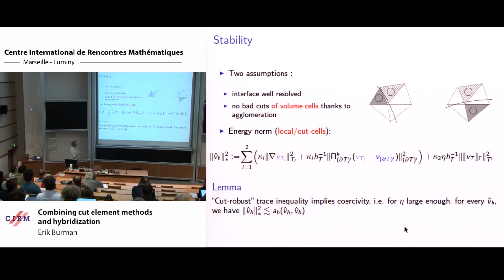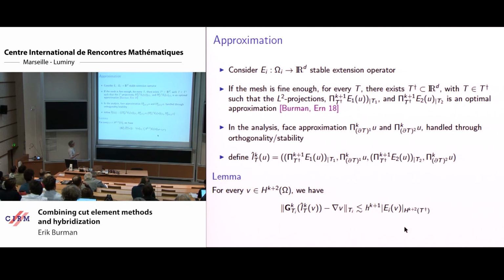Now, if I have this cut robust trace inequality, so that will be robust thanks to this agglomeration, then I get coercivity. I have my extension operators like before. I can introduce projections on these sub-cells, and I can prove that they have approximation. In the analysis, I will use L2 projection for the face. I need L2 projection for the face approximation, but I never use approximation there.